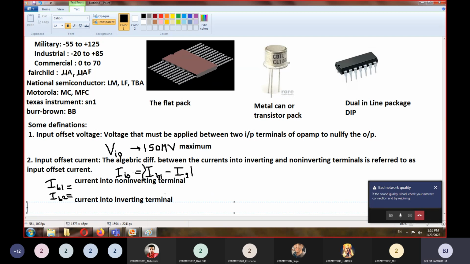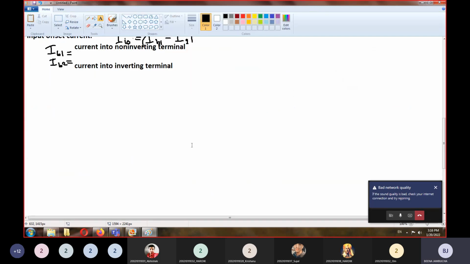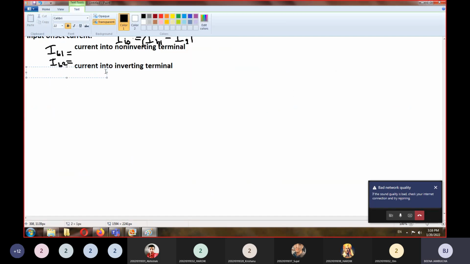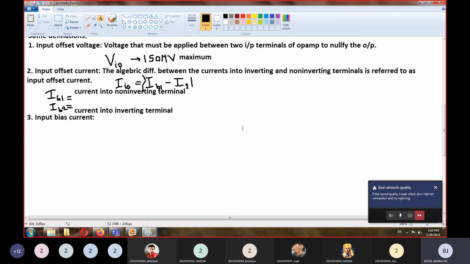Then comes the third definition. The third parameter is known as input bias current. This value of input offset current is specifically near about 200 nanoampere. Right, minimum कितनी होगी?